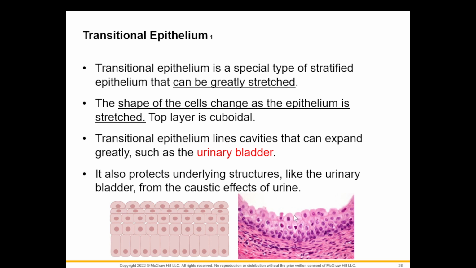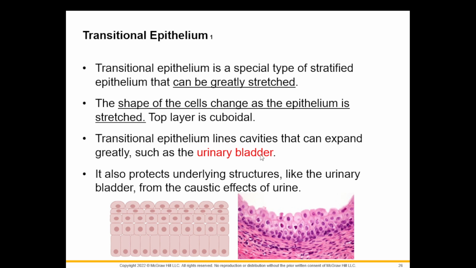So, the topmost layer is made up of cuboidal cells. But when the organ starts to stretch, it becomes flat. So later I will show you an image. And the only organ in the body where we can find this transitional epithelium is your urinary bladder.